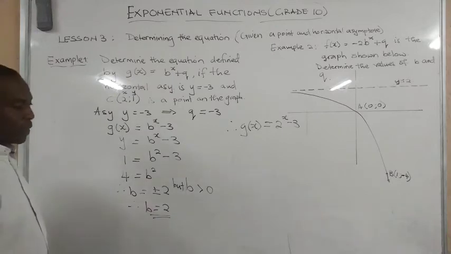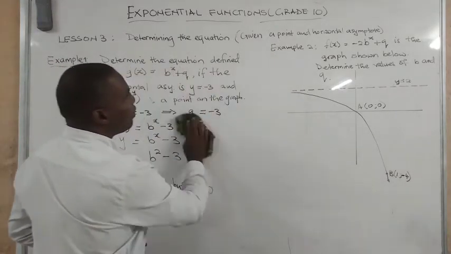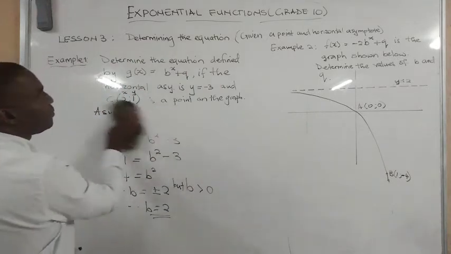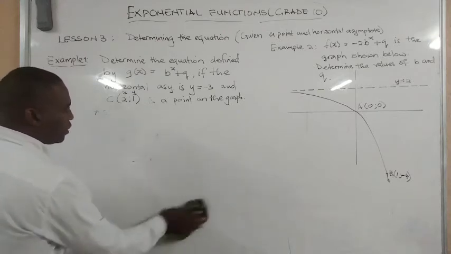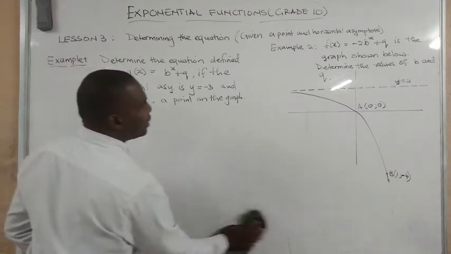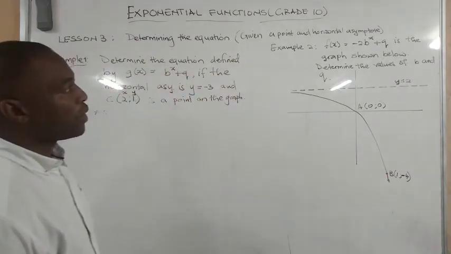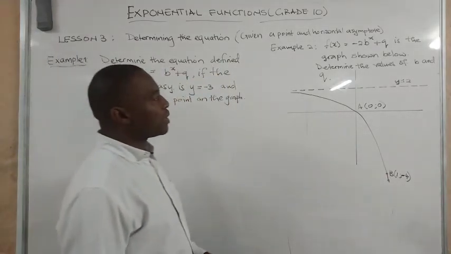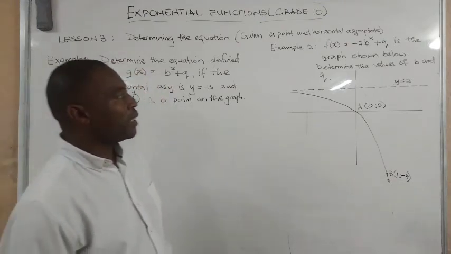Now let's go on to example number 2. Example number 2, we are given f of x, which is equal to -2 b to the power x plus q. And this time the graph has been drawn for us, and now the question is determine the values of b and q.